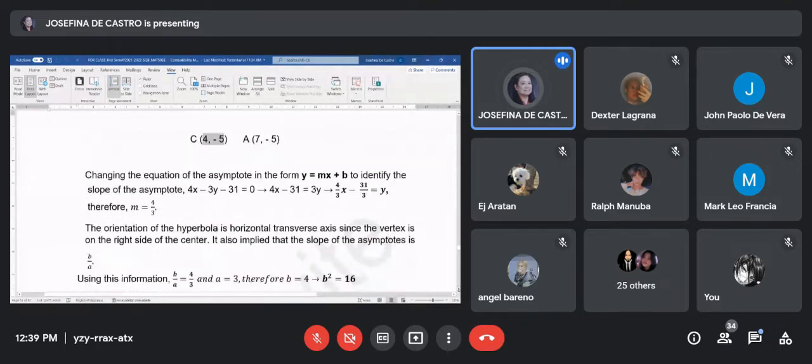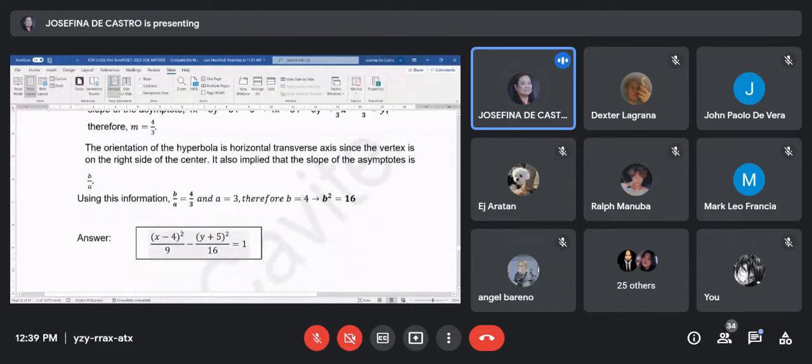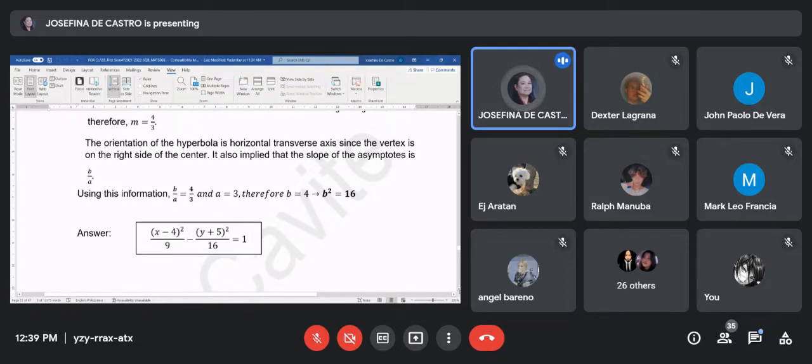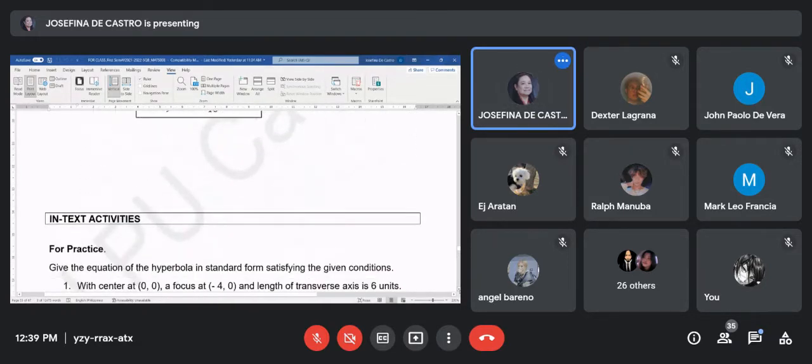So, X minus 4 quantity squared over 9 minus, don't forget the minus, y plus 5 quantity squared over 16 is equal to 1. Opposite in sign kapag inilagay na sa equation.